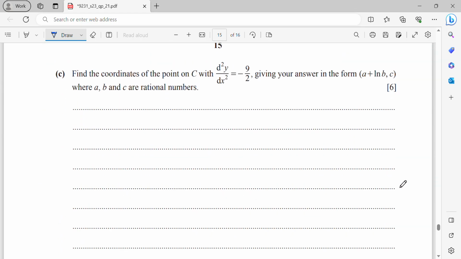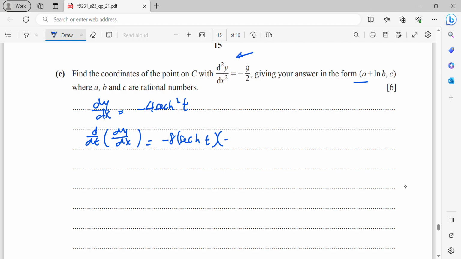Now C, find the coordinates when the d squared y over dx squared is this and give your answer in this form. So now your dy/dx, just now we have proven that it's negative 4 secant squared t. So now d/dt of dy/dx will be negative 8 secant t. Differentiate secant t is secant t tangent t. So then I will get negative 8 secant squared t tangent t.